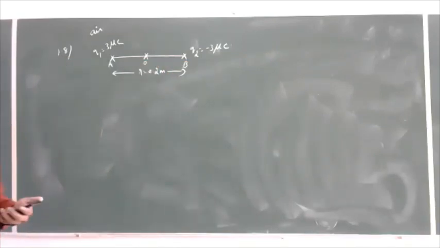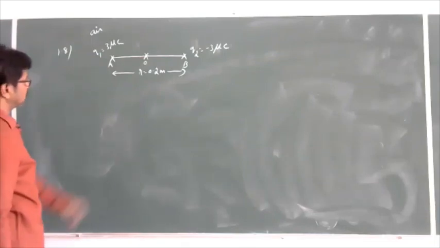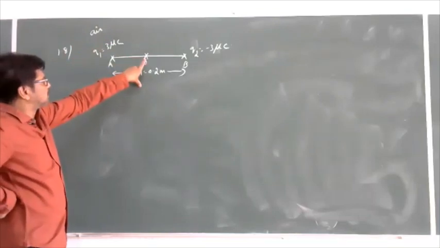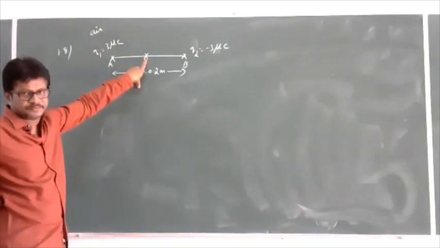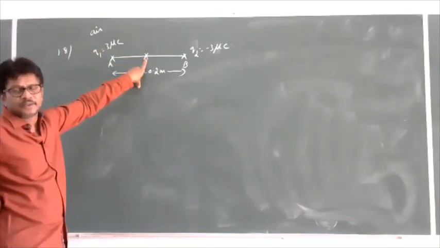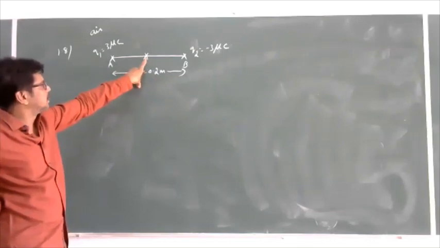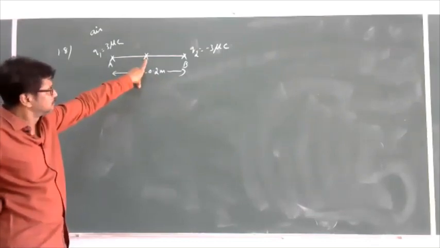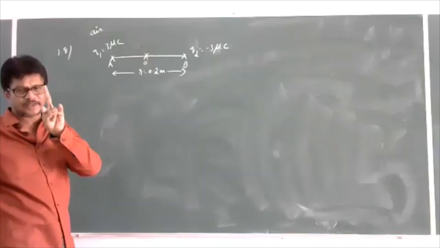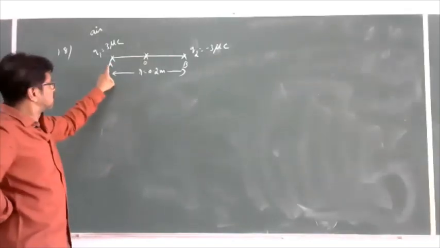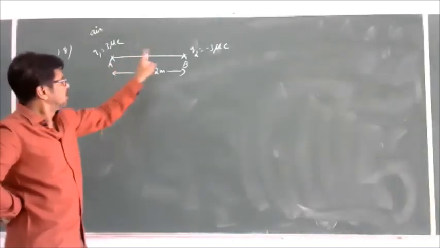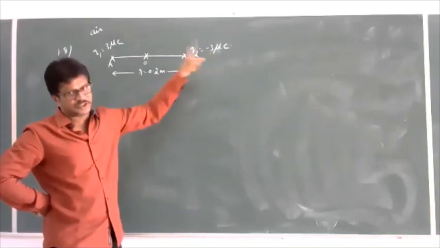What is the net electric field acting at the center of those two charges? So here I would like to find the electric intensity. How many electric fields will act here? Two electric fields will act, one because of this charge and one because of this charge.